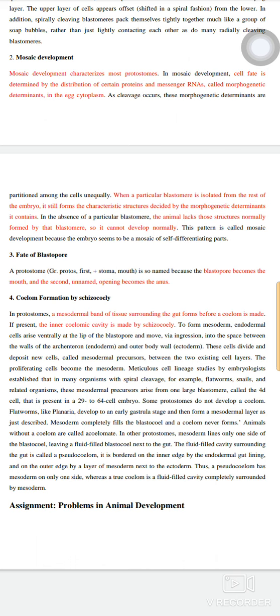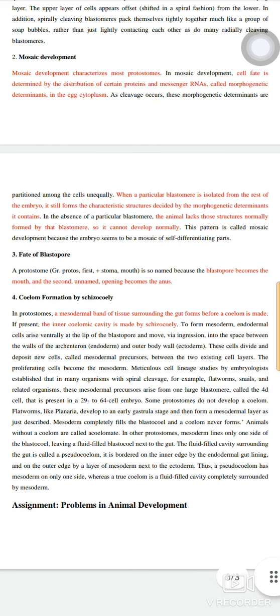It's not that when you are talking about the first one, which is radial development, you then talk about cleavage in the other one. So you have to compare equally. When you are talking about the cleavage pattern of deuterostomes, you also talk about the cleavage pattern of protostomes. So in the exam, if I ask you to differentiate between protostome and deuterostome, you just put it in a tabular form for an easy and straight to the point answer.